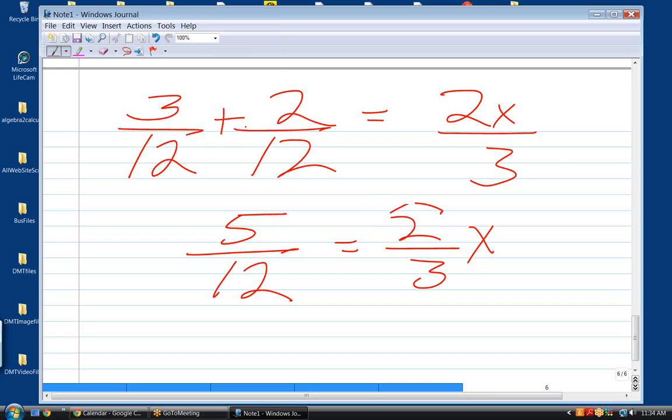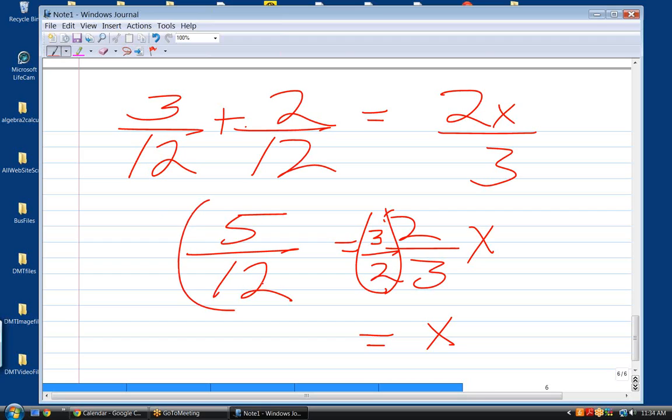No, we're trying to get rid of that. Remember, we want our final answer to be x equals something. So I got to get rid of this 2/3. So I can get rid of the 2/3 by multiplying by what? Multiply by 3/2, the reciprocal.